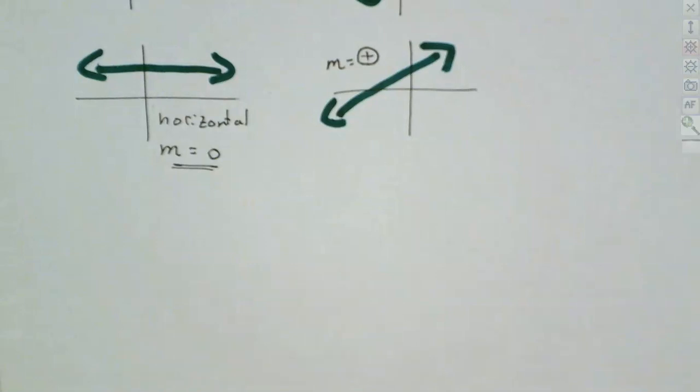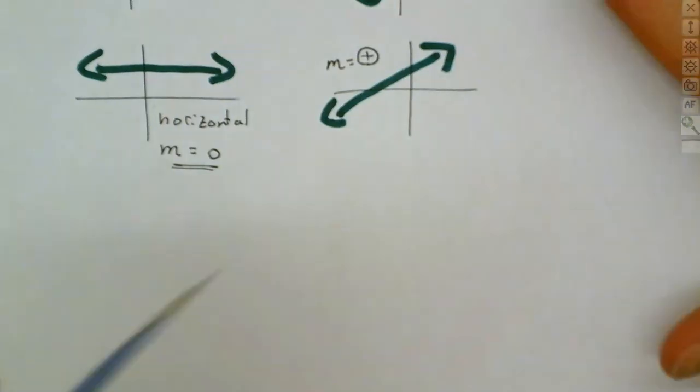Now we're going to talk about lines and how to graph a line when you're given a point and a slope.